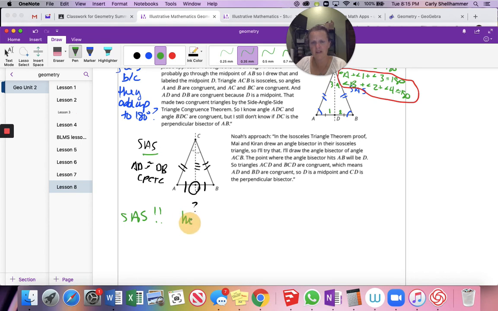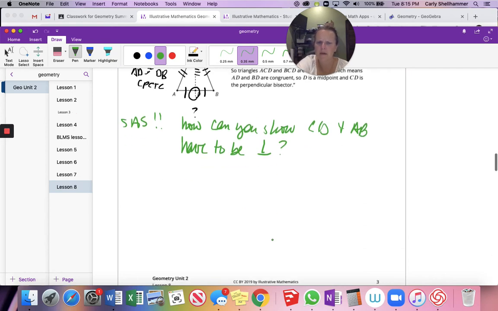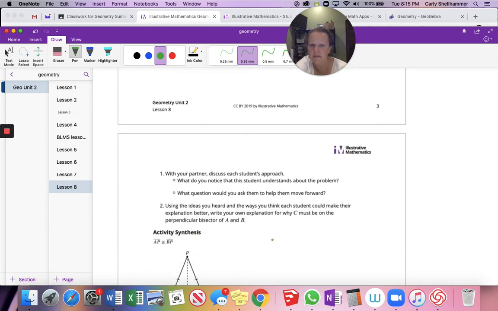But the question is, how can you show that CD and AB have to be perpendicular? Okay, that's the challenge of it, right? So let's go back to the questions.